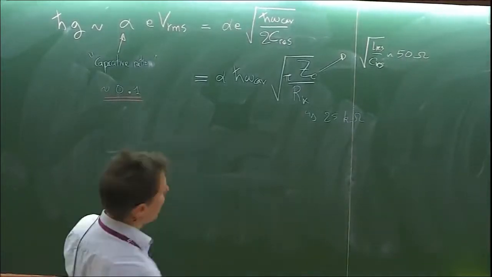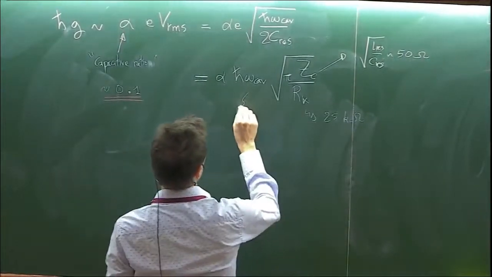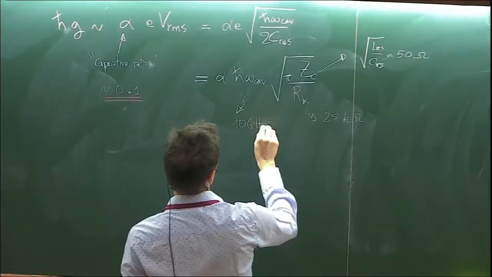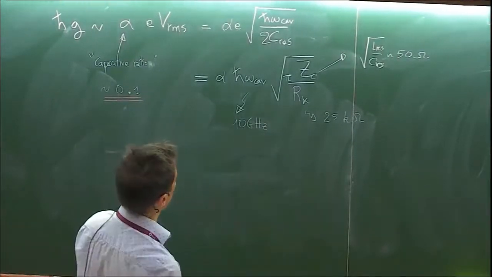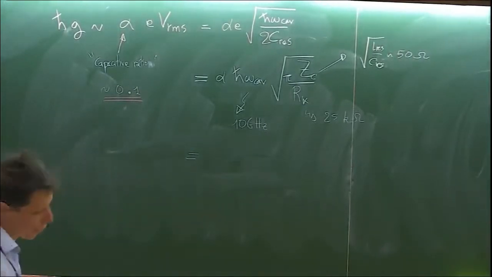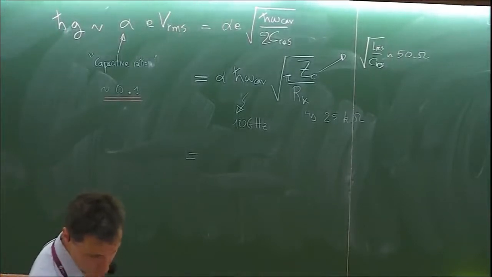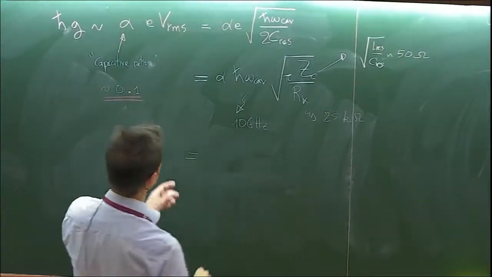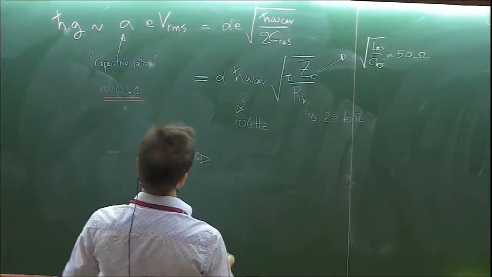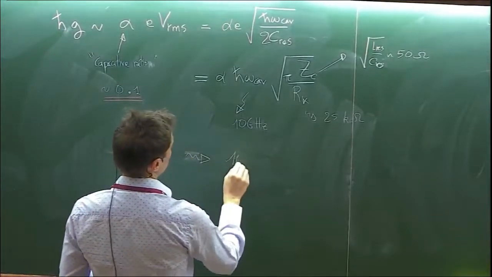And so knowing that now, this guy is going to correspond to 10 gigahertz, essentially I can immediately see, well, immediately not, but if you write it, this gives an order of magnitude with that kind of capacity ratio of 100 megahertz.